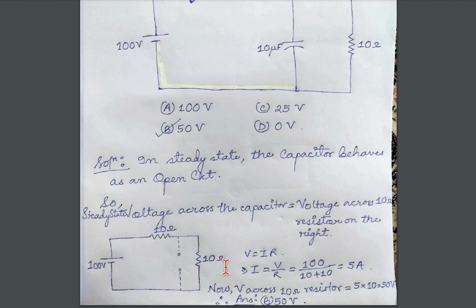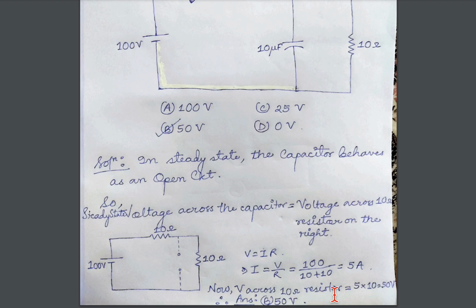So across this 10 ohm resistor on the right, we will have 5 ampere current flowing through it. But we needed the voltage, right? To find the voltage, we have the current value, which is 5 ampere, and the resistance value, which is 10 ohm. So by using V equal to IR, we can easily find the voltage across this 10 ohm resistor.